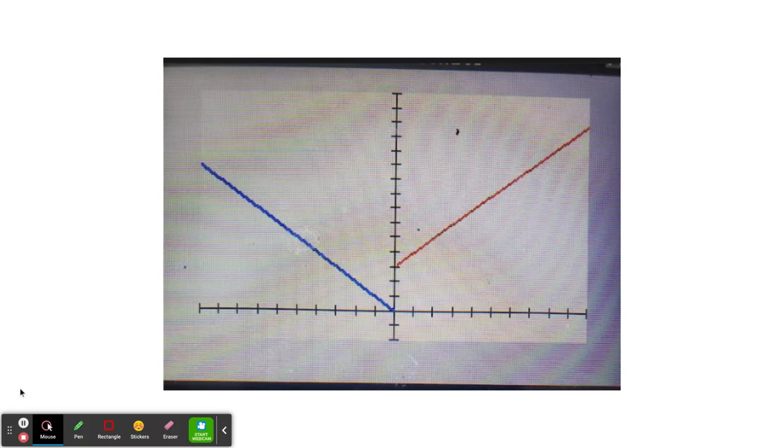Now you have to be careful if you get one where you have to use the word "and." And I'll show you what that means. Let's say you have this piecewise function, and we'll call it g of x. Could be anything, h of x, f of x.